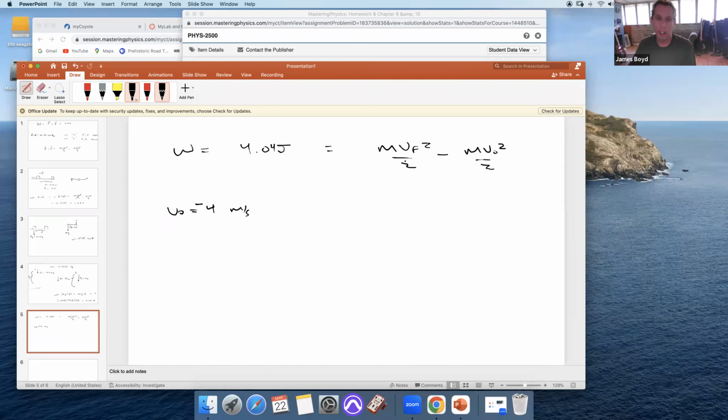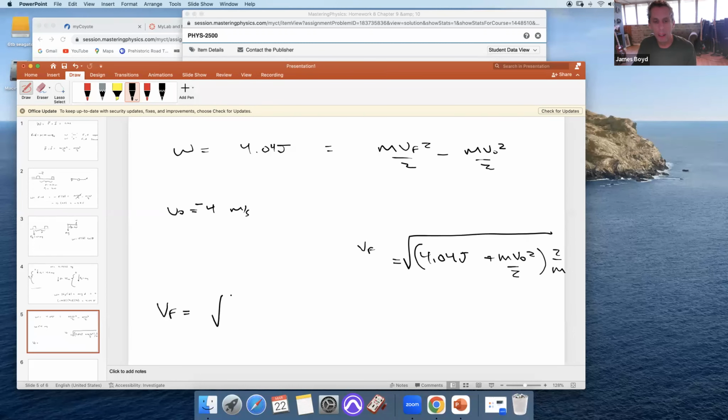However, if we want to find V final, m v final squared over 2 is equal to 4.04 joules plus m v initial squared over 2. Divide through by 2 over m. So these go away, and then take the square root of that answer. And we can do a little bit of cleanup here.